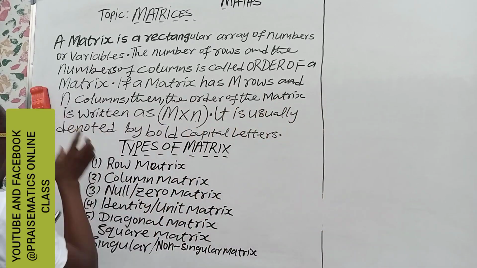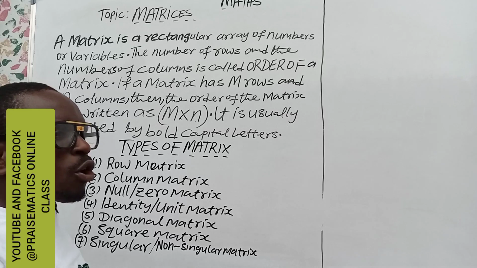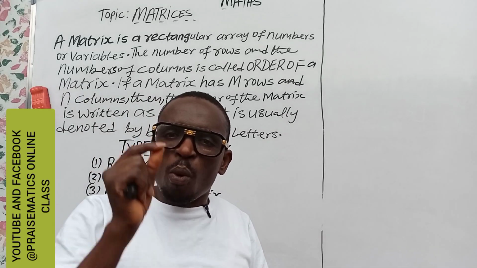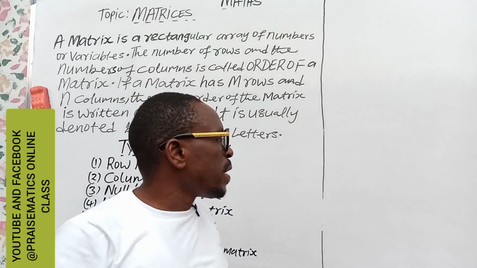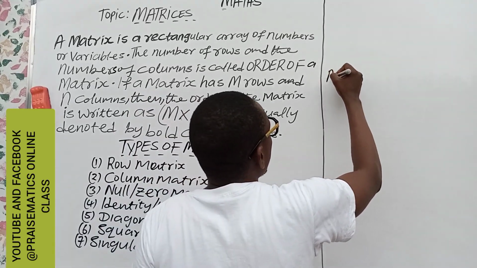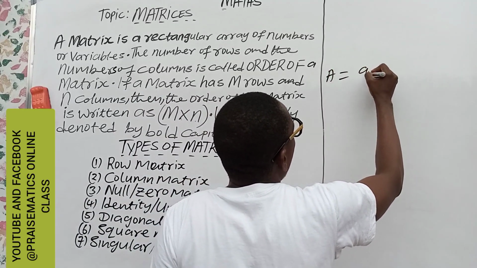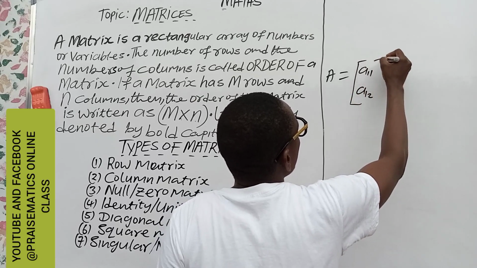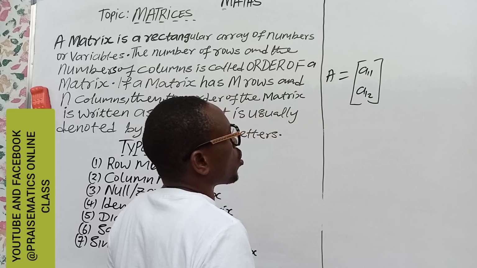Number 2, let's look at the column matrix. A column matrix is a type of matrix that has exactly one column. For example, when we have A equals A11, A12 in this form, this is what we call a column matrix.